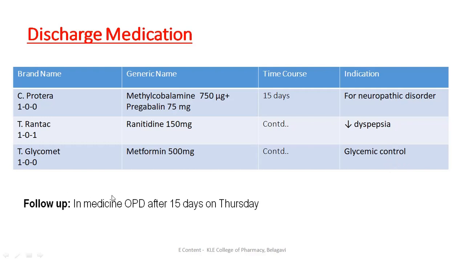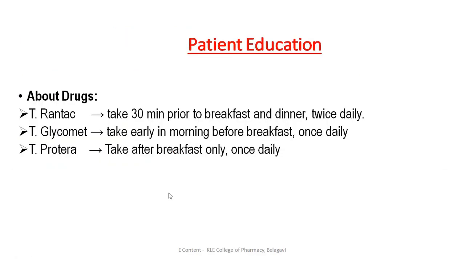For follow-up, the patient was asked to come after 15 days to the outpatient department. Patient education plays a very important role in the prognosis of the patient. We need to educate about the drugs, about the disease, and about lifestyle modification.